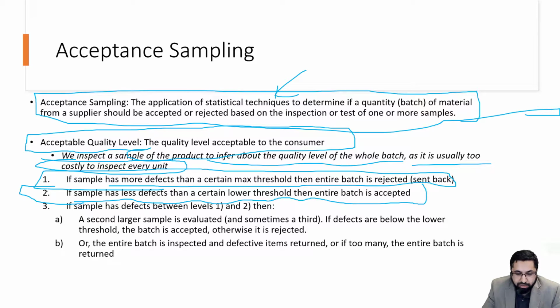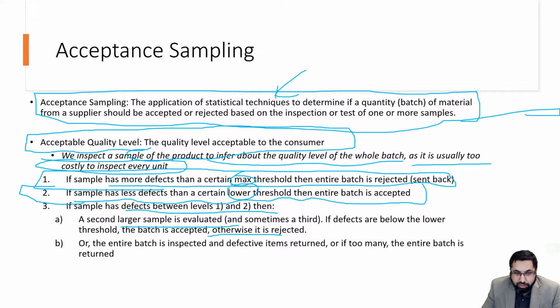We have to accept a certain small level of defects. And if your defects turn out to be between the max threshold and the lower threshold, then a second sample may be taken to figure out where this should go. You're kind of on the fence at that stage, and you might take a second sample to decide whether to send the batch back for reprocessing or to ship it out.